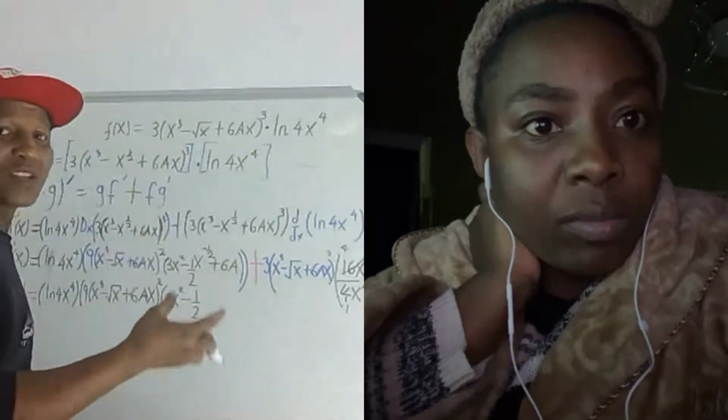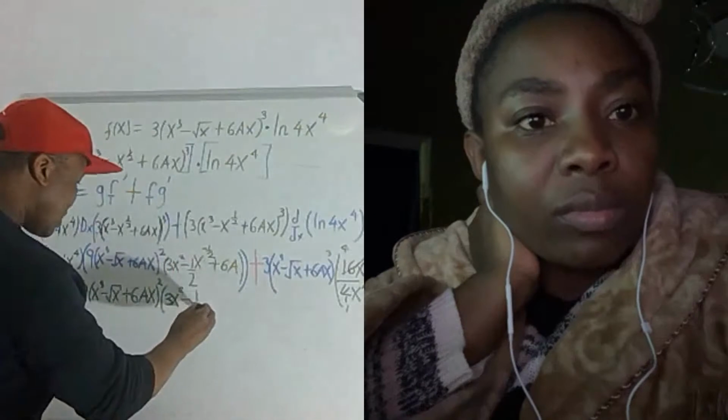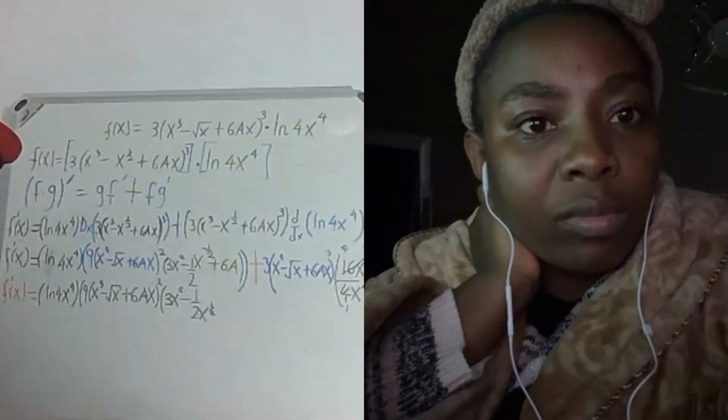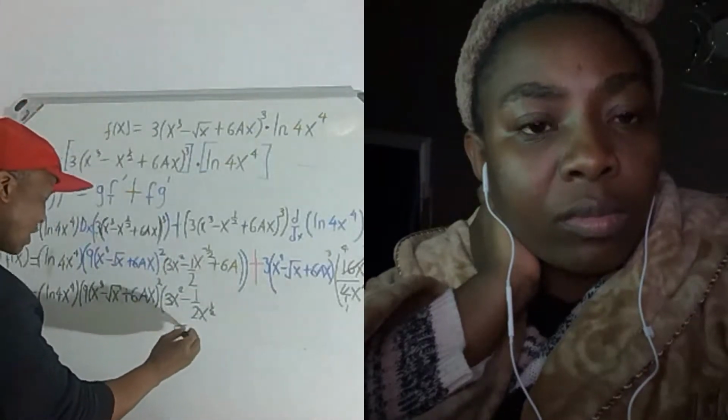So it's going to be x to the positive half. But what is x to the positive half? It's the square root of x.